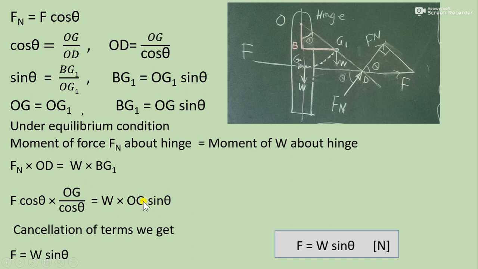Now in this case cos theta and this cos theta get cancelled. This OG on one side of the equation will be cancelled with OG on the other side. So what remains? F is equal to W sin theta. So that is the relation we get between F, W and theta.